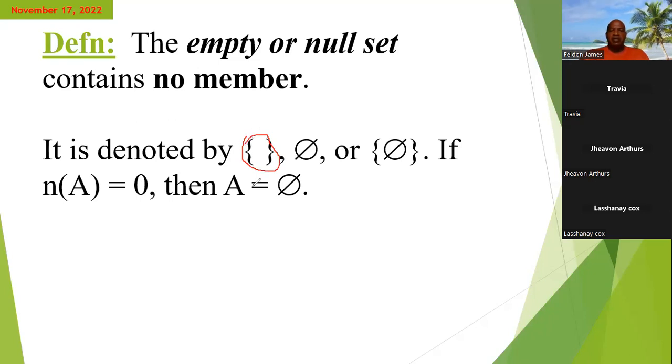That is also used to denote an empty set. Remember, I would have mentioned the symbol ∅ before, and that is also one symbol used for the empty set. And sometimes they might combine the two symbols to mean empty set. So you put the ∅ between the braces, and that also means empty set. All right.